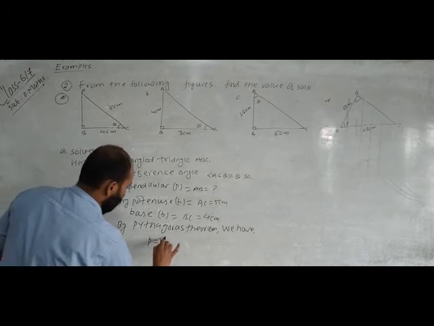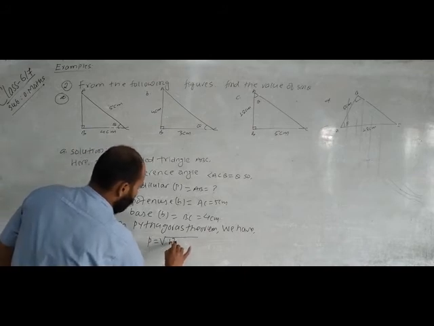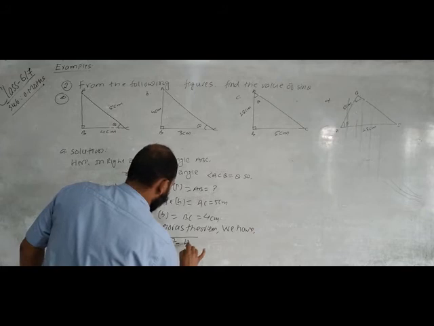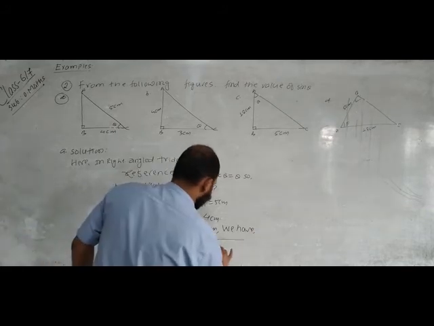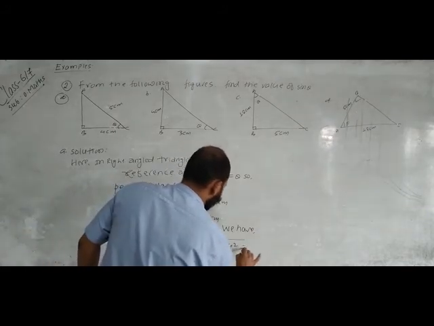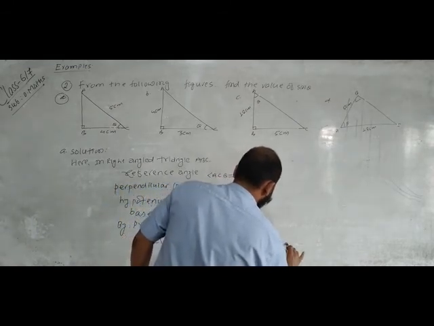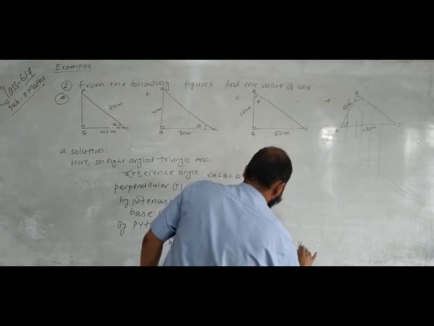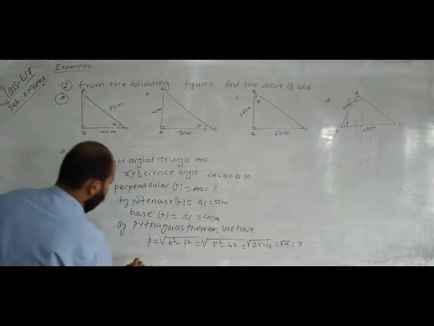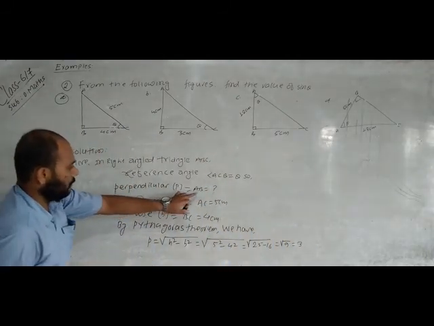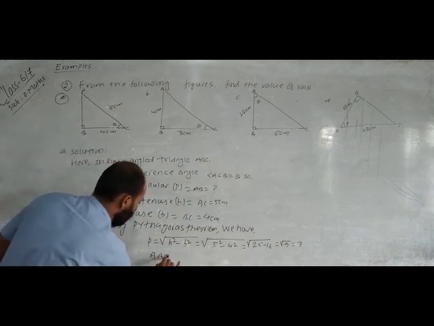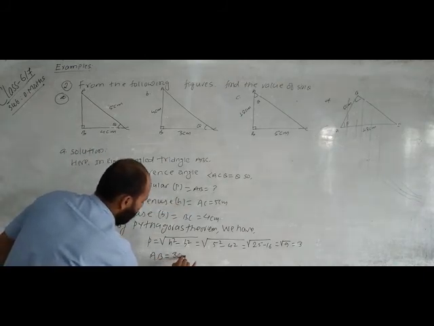What is the formula to calculate P? H square minus B square. Here we have H equals 5, so 5 square minus 4 square, 25 minus 16. This is equal to 9. Its root is 3. What does P represent? AB. So AB is equal to 3 cm.